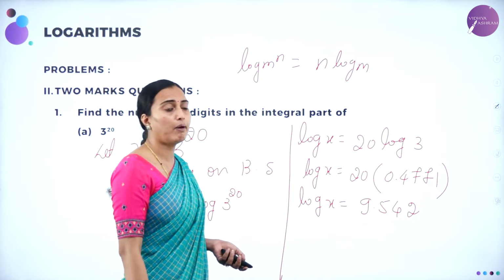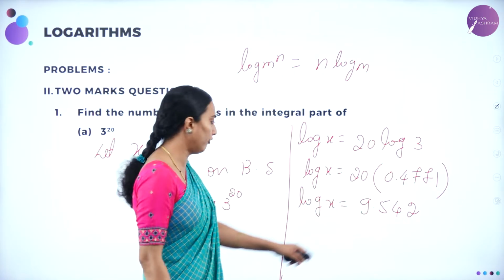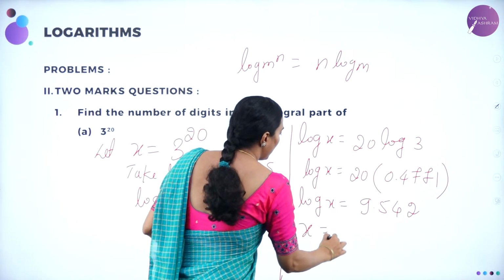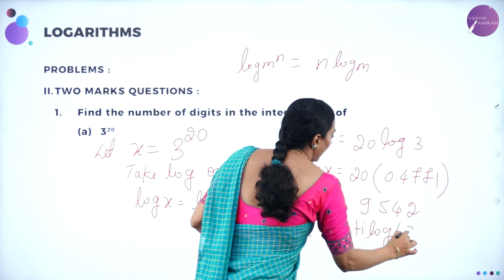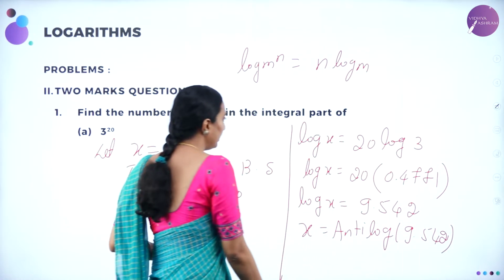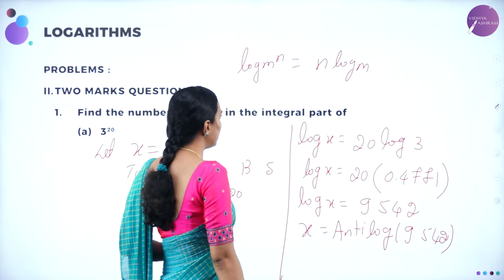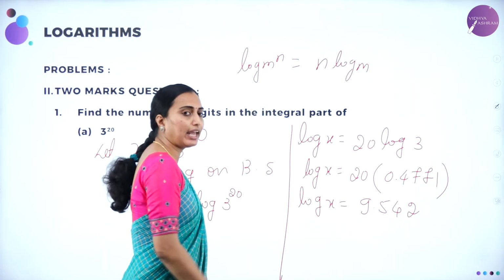The x value is nothing but you are going to take log to that side, it will shift to anti-log. Therefore, x is equal to anti-log of 9.542. Now they are going to ask you the characteristic.